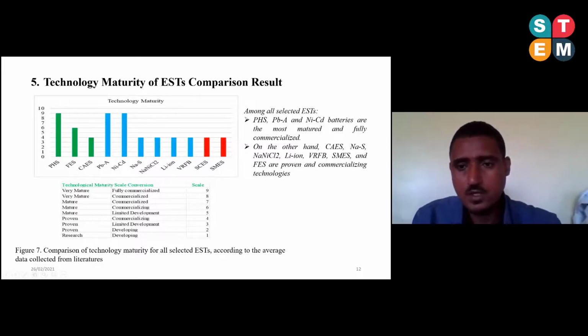The rest are proven but still commercializing technologies. Some are well developed, but they need some research and development. But these three types of energy storage, pumped hydro storage, lead acid, and nickel cadmium batteries, are almost fully matured and fully commercialized.